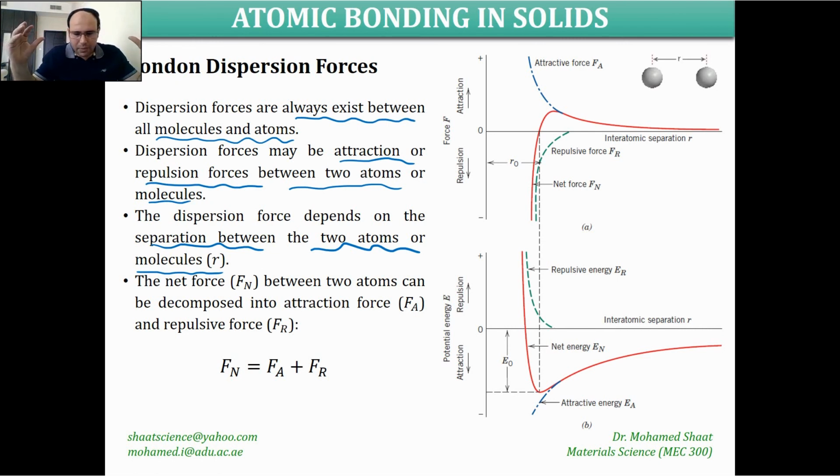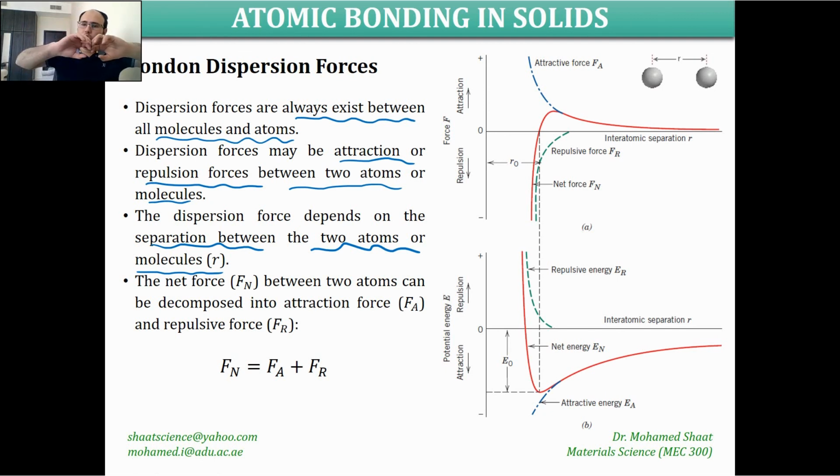But when they come close to each other, the magnitude of the force starts to increase, and it is attractive, meaning these two molecules are attracted to each other. They keep attracting and coming closer, and at a certain distance this attractive force switches to repulsive. When they come very close to each other, this force is repulsive, pushing the electrons back again.